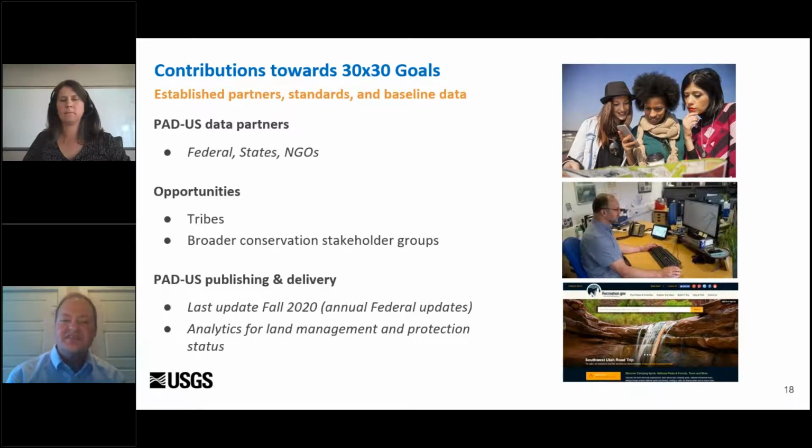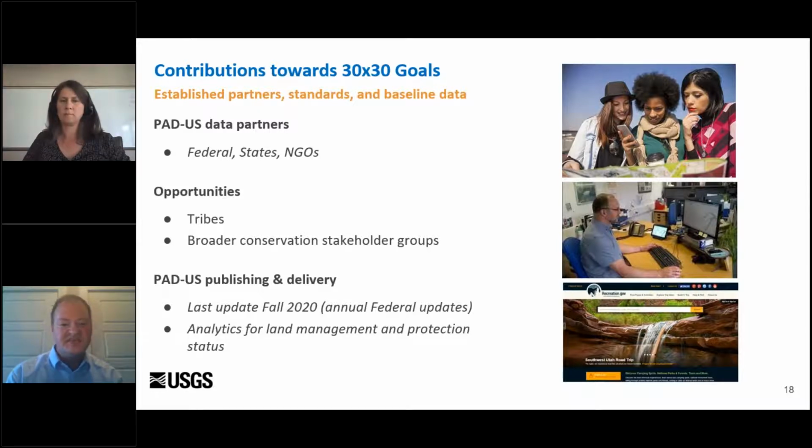So specific to PAD, one of the things that we're doing now is producing annual updates to the protected areas database. So those are the protected areas that Lisa was describing, and we're on an annual cycle now as the database has matured to provide that protected area data. We're also providing analytics for land management and protection status, as well as public access.